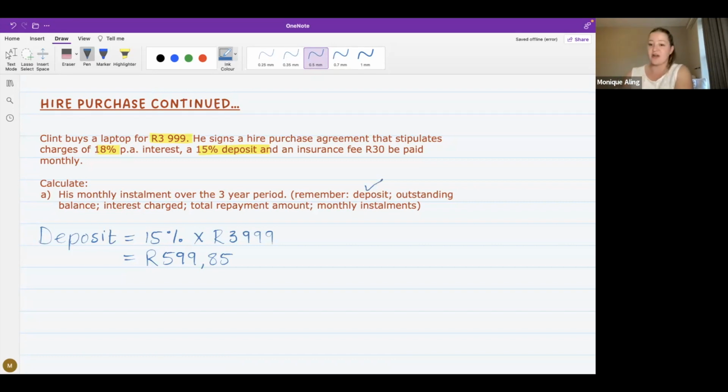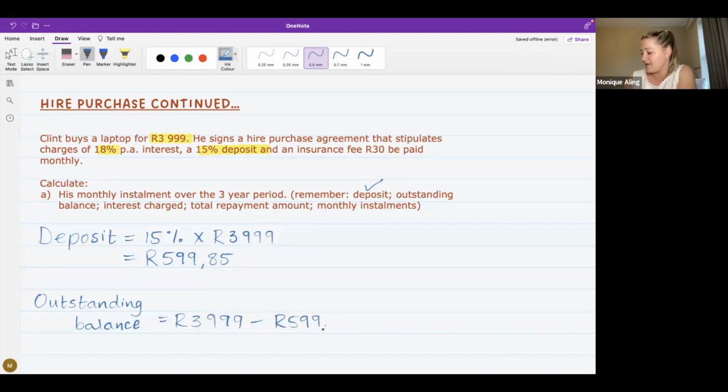Then we need to work out what is left. What does he still owe? To work out what he still owes, that means we're working out the outstanding balance. And again, we did work this out on Monday. So the laptop costs 3,999 Rand, and we are going to minus the deposit because he's made this payment. So he doesn't owe the full amount anymore.